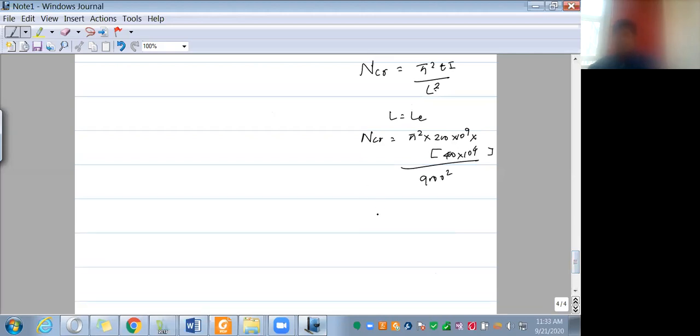So that is NCR. If you calculate that, pi squared into 200 into 10 to the 9 into 400 into 10 to the 4, and then you divide that by 9,000 squared.